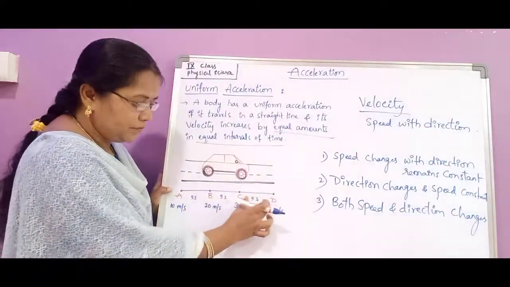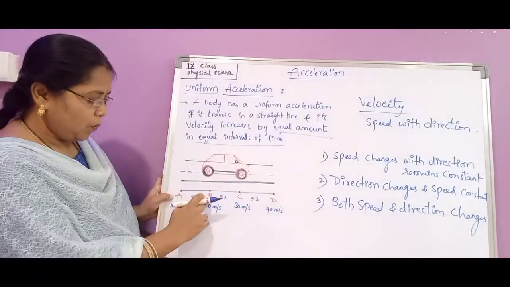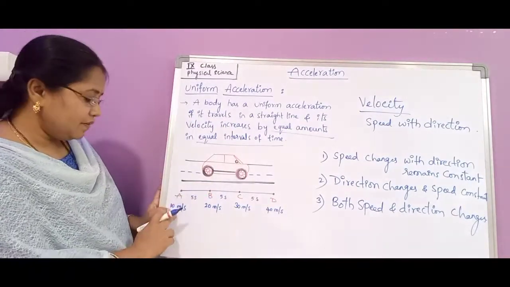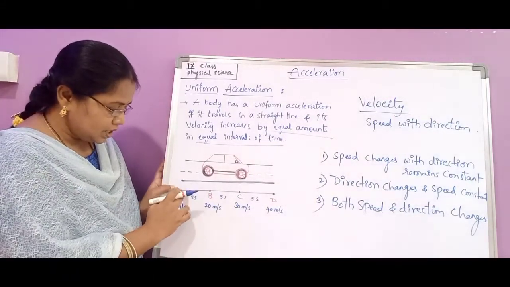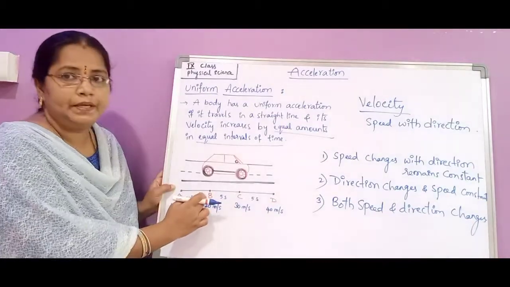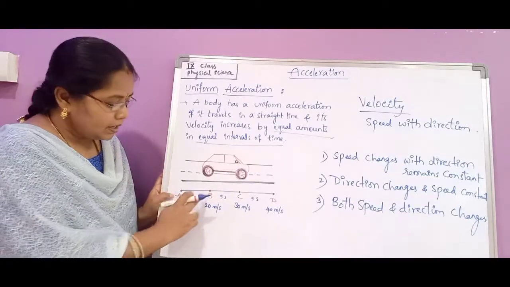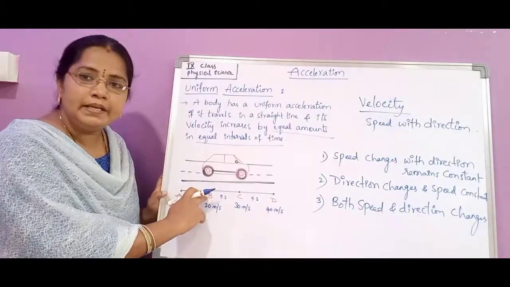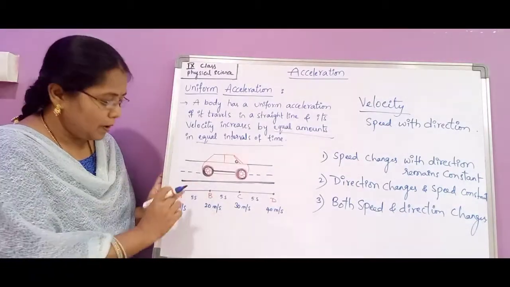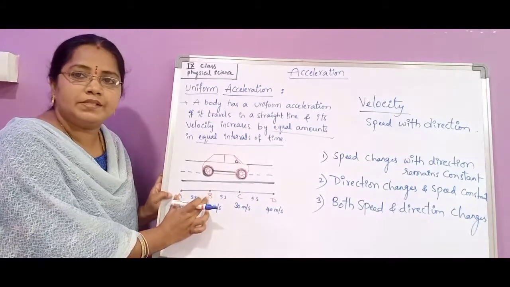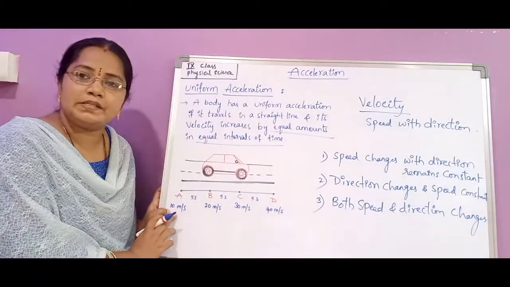So in equal intervals of time, how is the velocity increasing? From point A to point B, what is the initial velocity? When the car is moving from point A to point B, the velocity at point A is the initial velocity, and the velocity at point B is the final velocity. At point A, the car is traveling with 10 meter per second velocity.